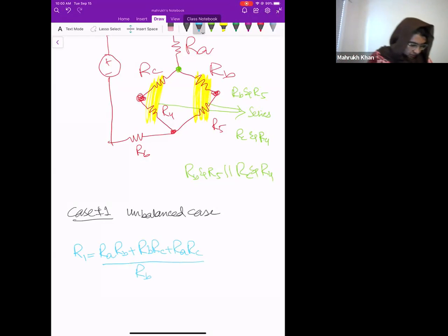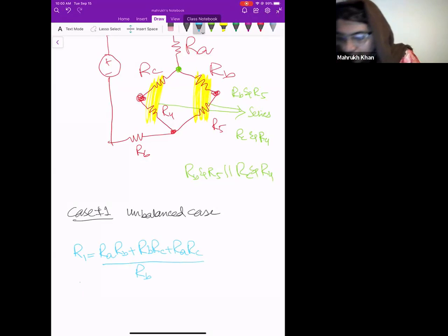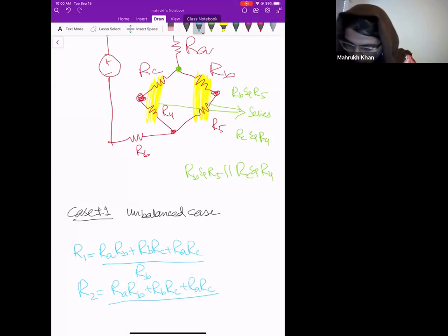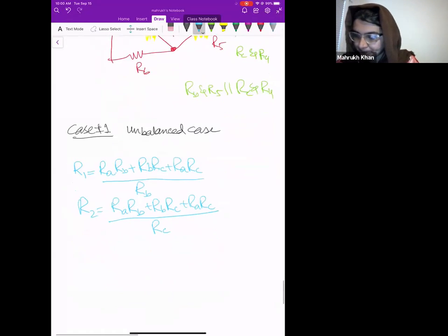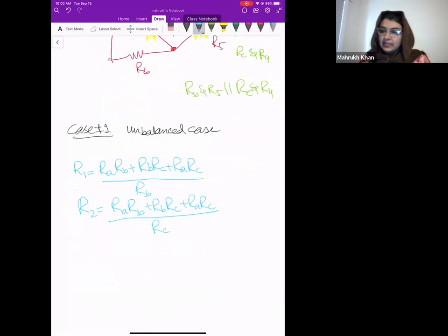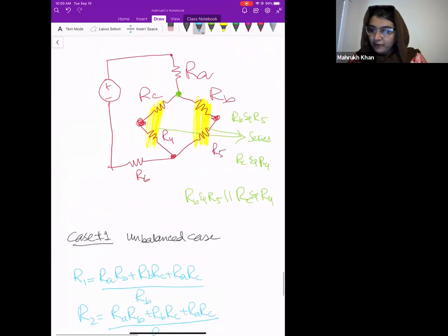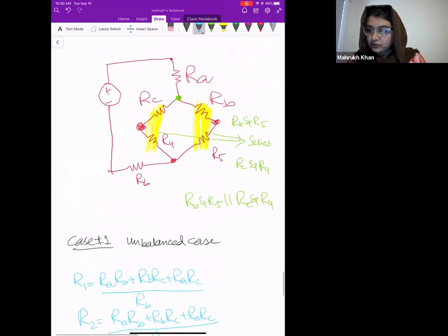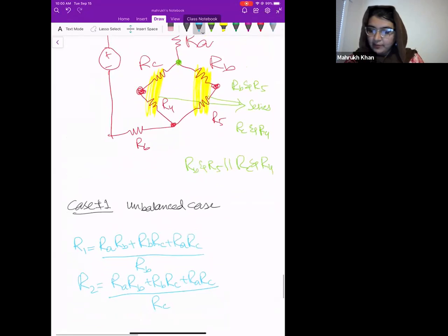These formulas are also given in your book. R2 is RA, RB plus RB, RC plus RA, RC divided by RC. So you can see that in the above, we have all possible combinations and their sum, divided by the resistor.